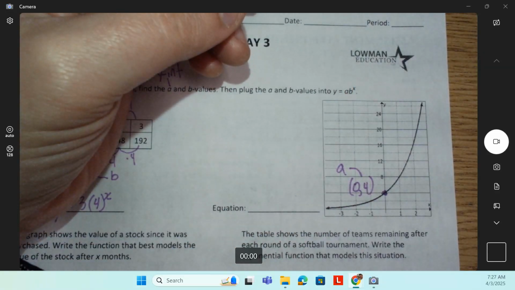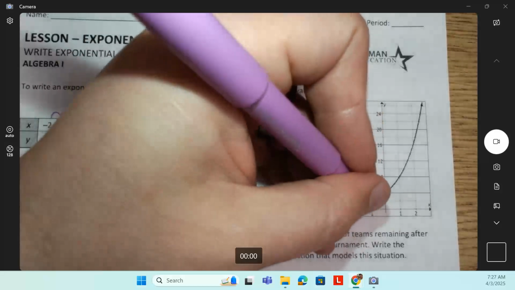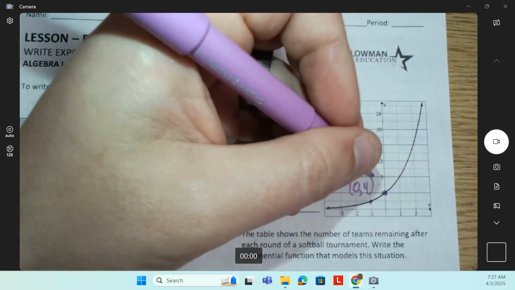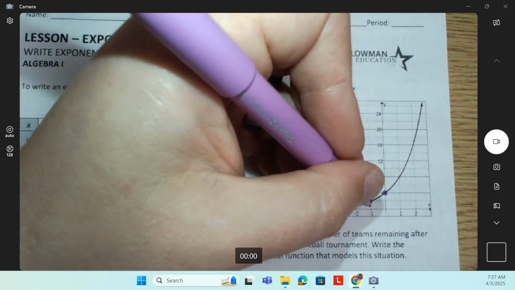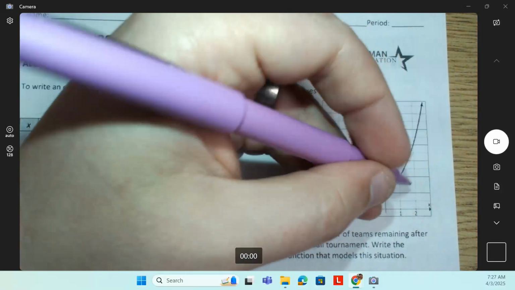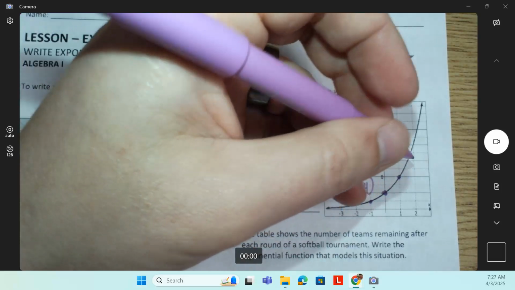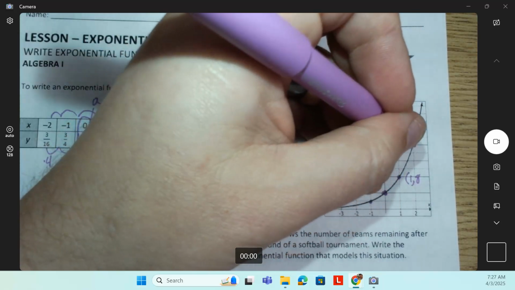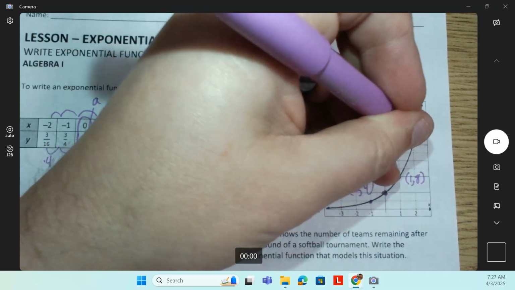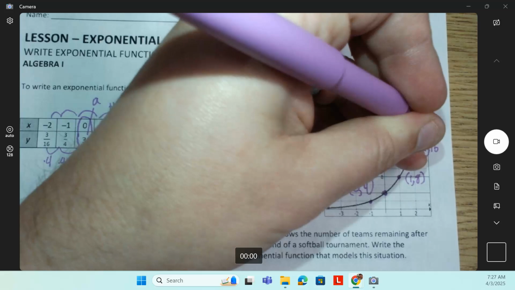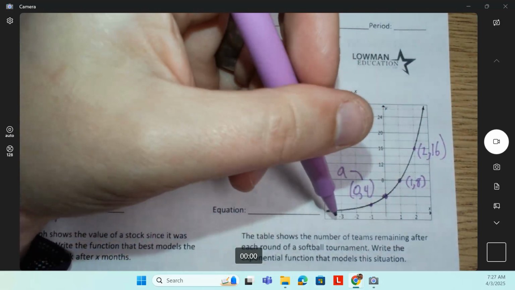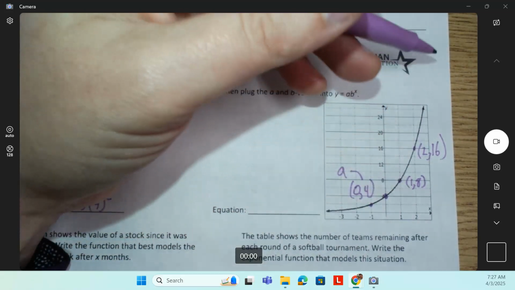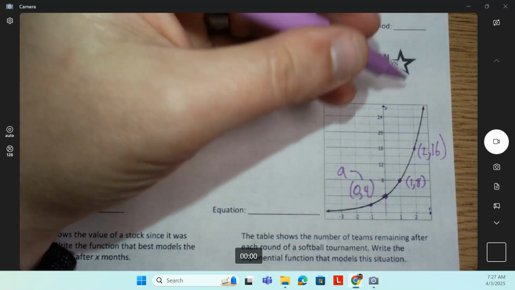Then as I look, it looks like I've got (1, 8) and (2, 16). And we should be able to tell by the curvature here that it's exponential.